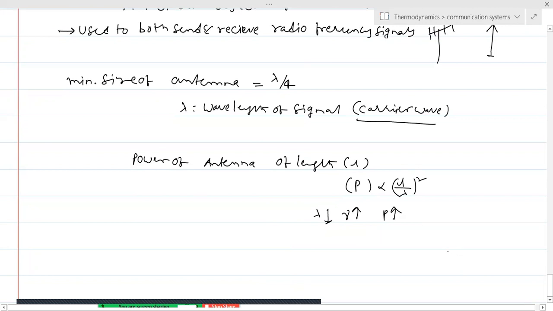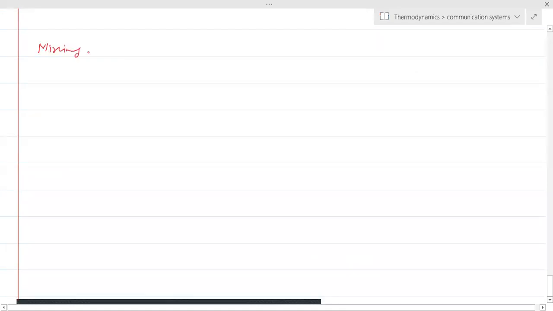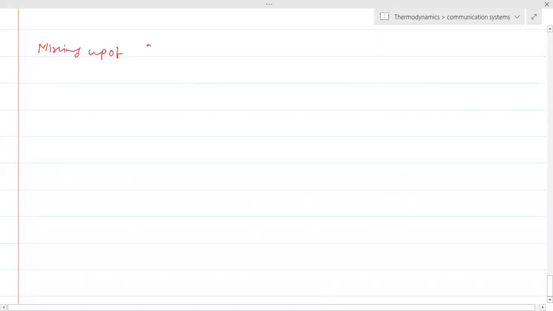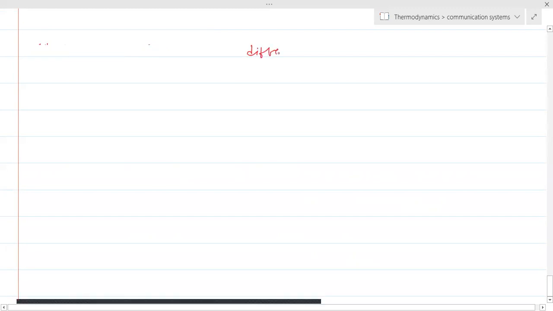These are the very important terms regarding communication system basics. Next we are going to see the real part of communication system, that is modulation. So we will think of mixing up of signals from different transmitters.